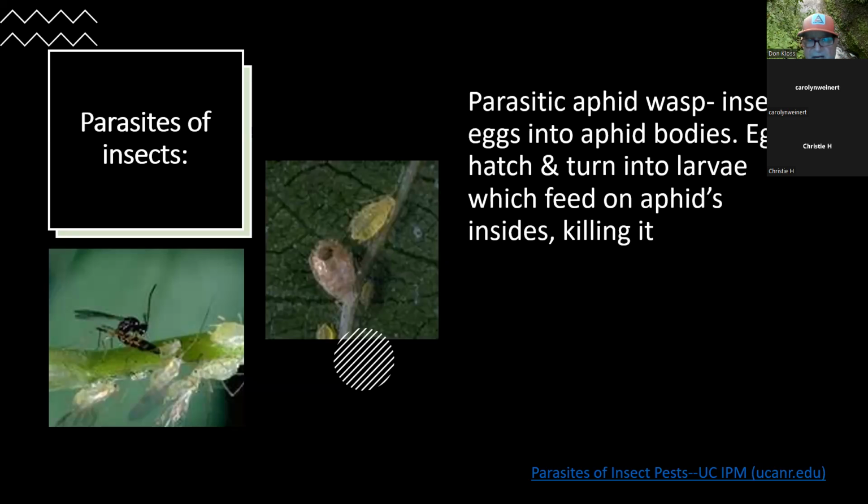And it's actually beneficial to us because it inserts its eggs into aphid bodies. The eggs hatch and turn into larvae, which feed on the aphid's insides, killing it. And they will lay hundreds of eggs one at a time into aphid bodies. So they kill a lot of aphids, which is good for us.